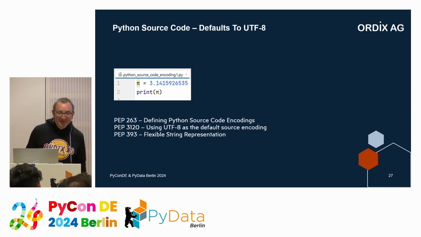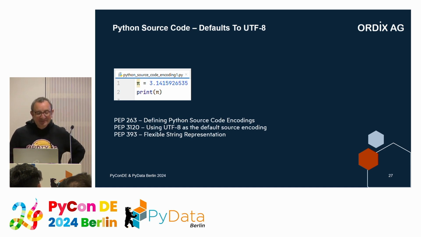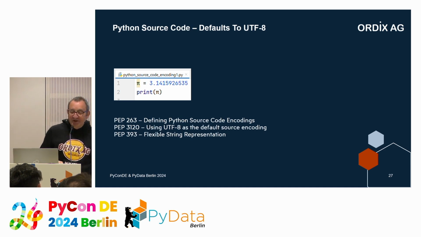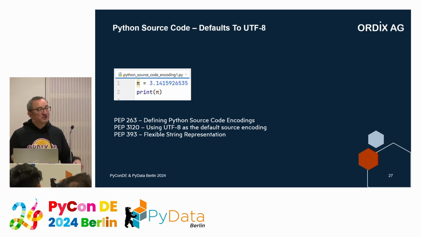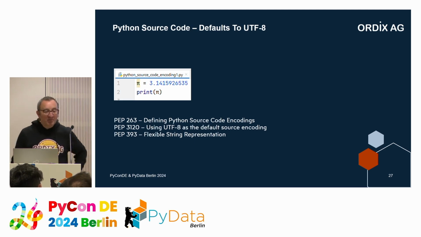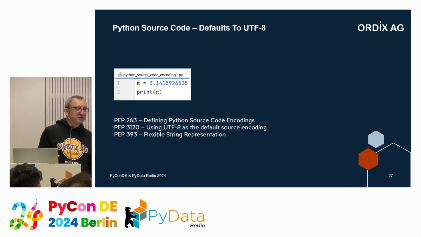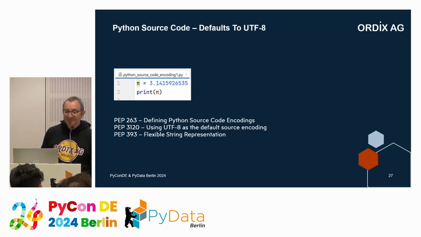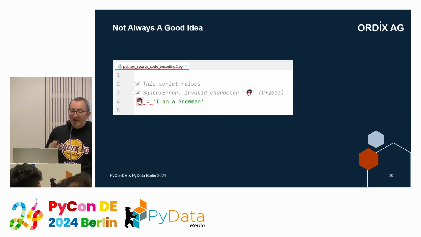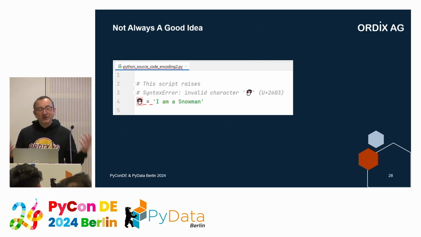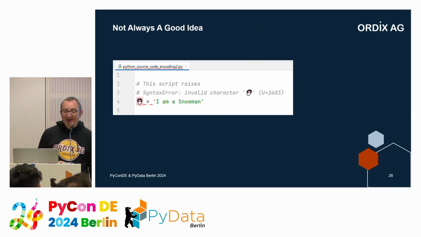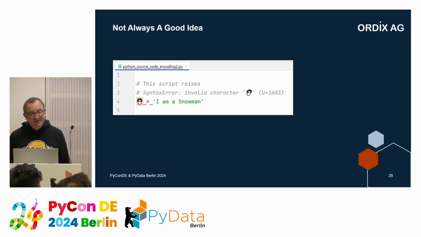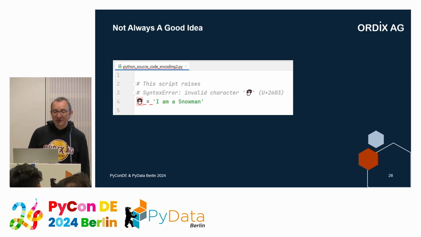So I don't know if this is a good idea. And if you deep dive into string representation, so how Python represents strings inside the compiler, this is a completely different story. This is flexible string representation. And with UTF-8, not all signs are accepted, like the snowman. This will lead to a syntax error.